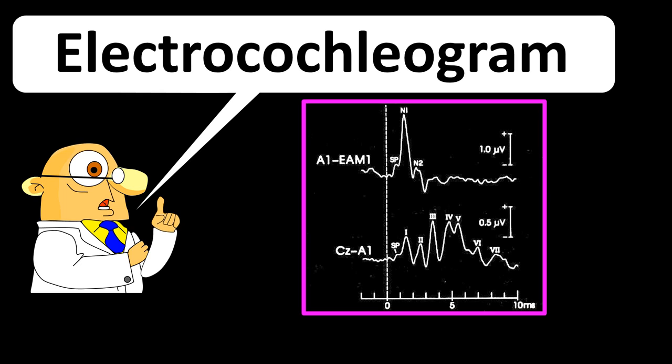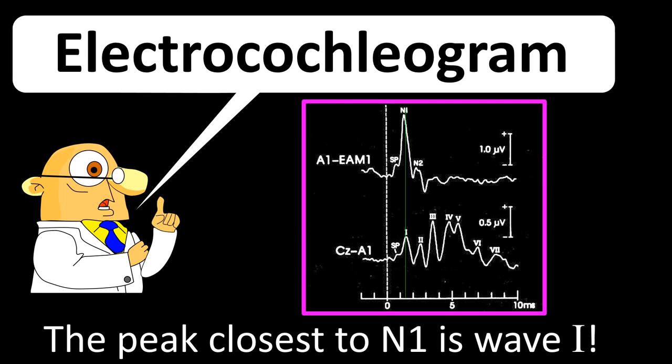I put it here to show you that brain auditory evoked response wave 1 corresponds to wave N1 in the electrocochleogram, and to remind you that brain auditory evoked response wave 1 is the one closest to the N1 wave in the electrocochleogram.